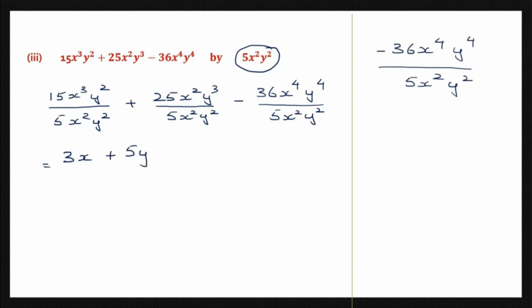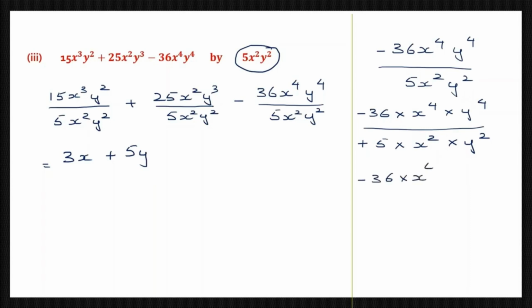So I've taken the third term. So let's do that. Minus 36 into x to the power of 4 into y to the power of 4 divided by 5 into x to the power of 2 into y to the power of 2. Let's see what we can cancel. We cannot cancel 36 and 5, so we're going to leave it as it is. So let's continue. Minus 36 into x to the power of 4 minus 2, this 2 into y to the power of 4 minus 2 again, this 2.